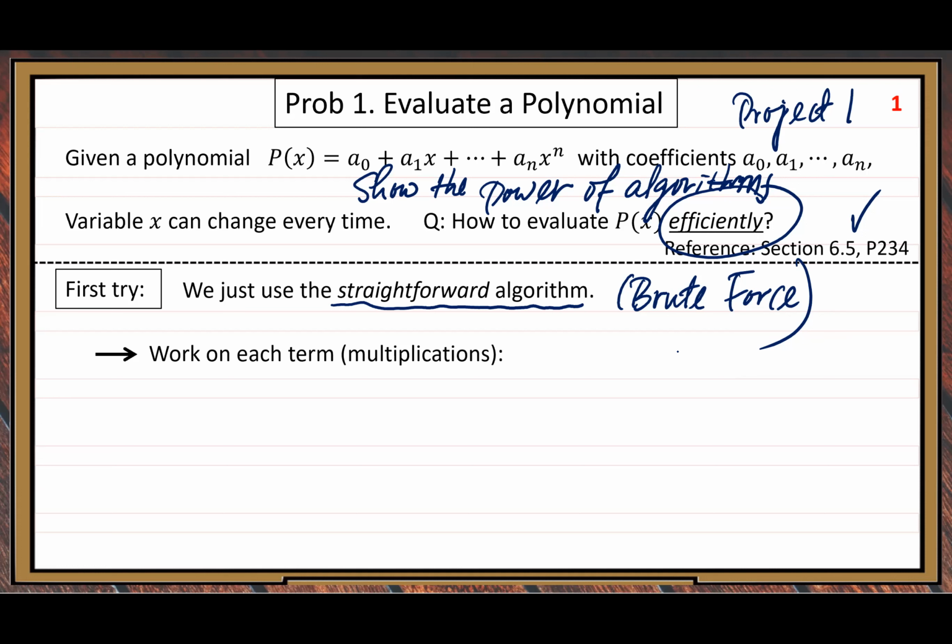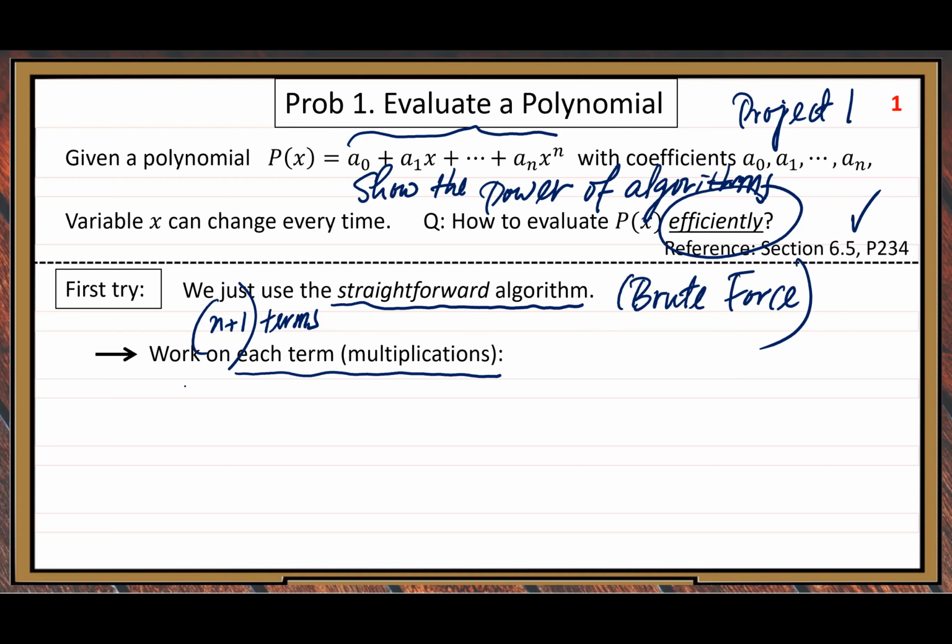All right, how to do it? Work on each term. This polynomial has many terms, right? Look at how many terms we have in the polynomial. We have n plus 1 terms in total.